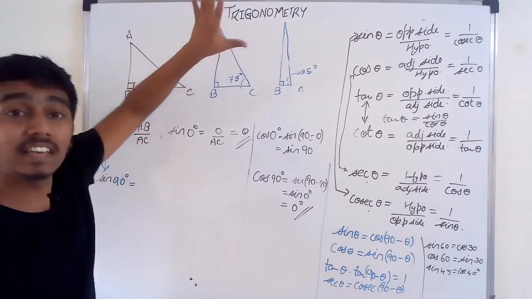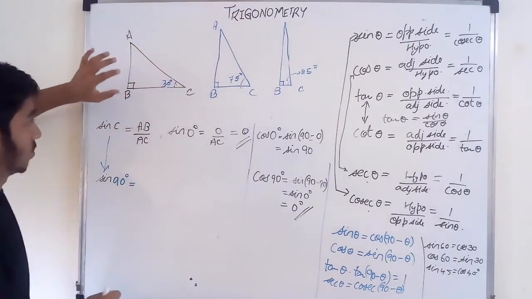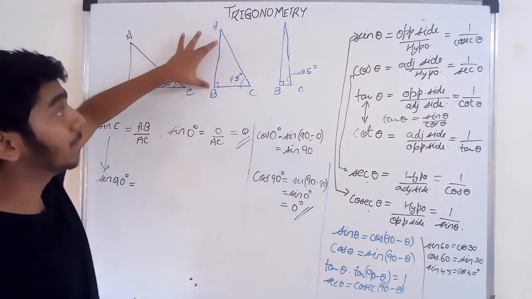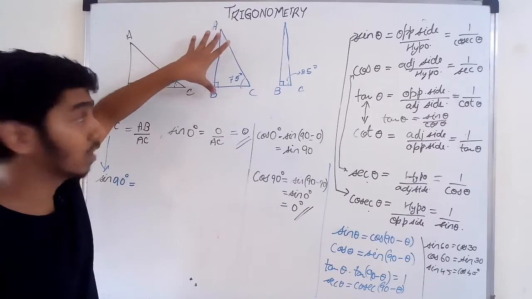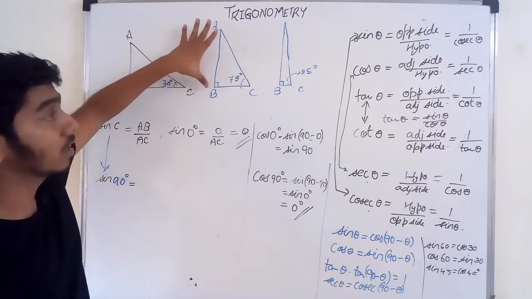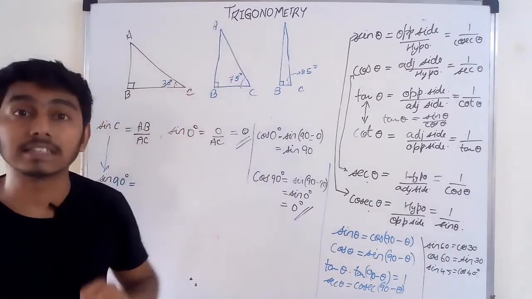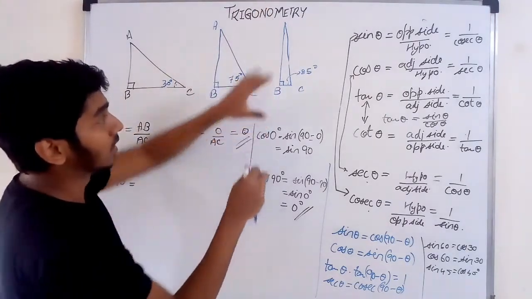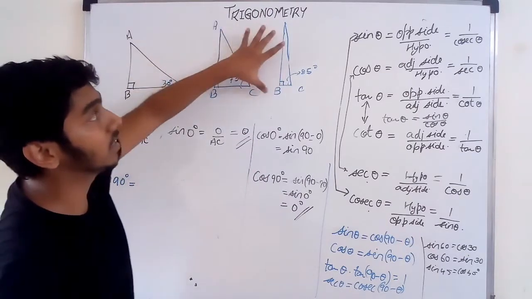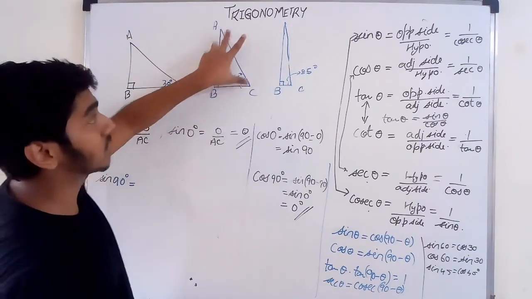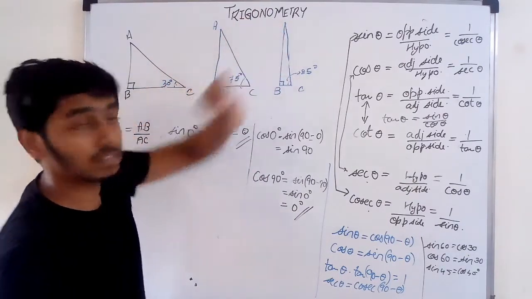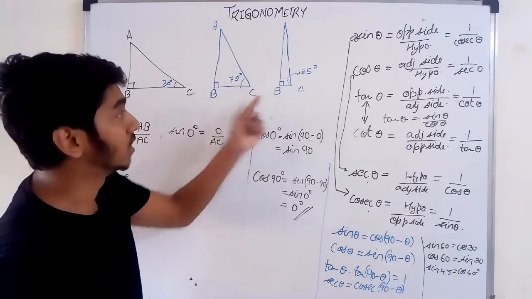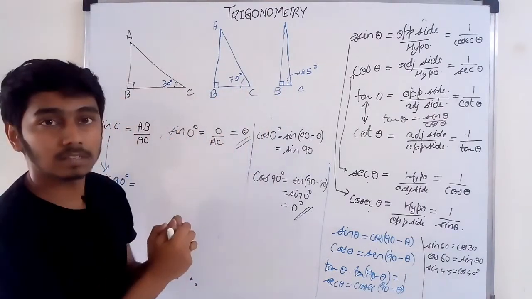So AB's length increased, but BC's length decreased. Same way, when you keep on pushing this AB, it increases a little more, and this AC remains here itself. So this BC squeezes.